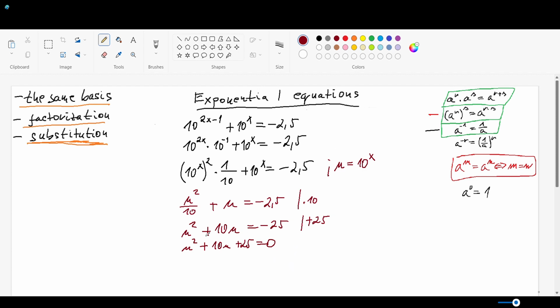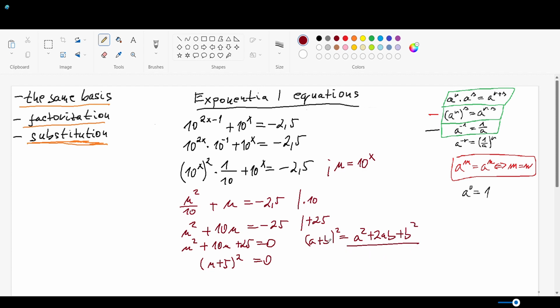Now, this is one of the reasons I have chosen this equation, because when you solve quite a lot of quadratic equations, you can see that this is something we call a perfect square, because we can write this quadratic expression as u plus 5 squared is equal to 0, because this is our very well known and often used formula: a plus b squared is equal to a squared plus 2ab plus b squared.